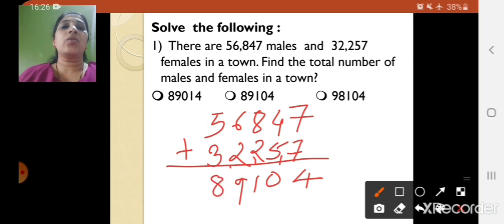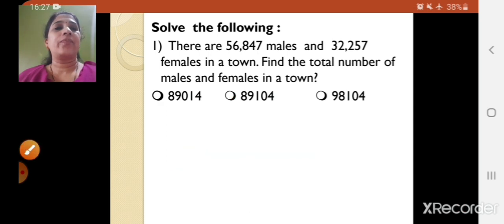So what answer you got? 89,104. So where is 89,104? It is here, right? So that is your answer, right? So all the calculation, children, you will be doing in a rough book.